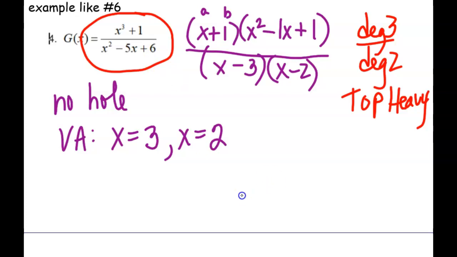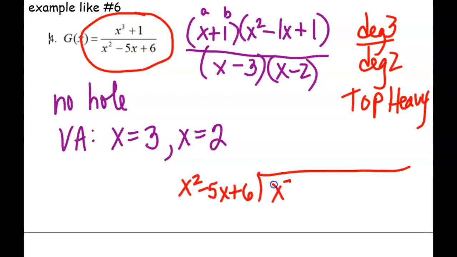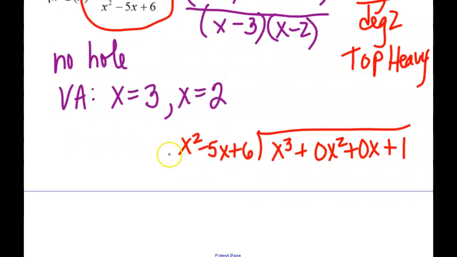No, we cannot do synthetic division, guys, so we got to do long division. But it's going to go quickly because we only have an x cubed up top plus 0x squared and 0x plus 1, and we get to ignore the remainder, so we're really only going to get one step out of this. What do we multiply an x squared by to get it to become an x cubed?